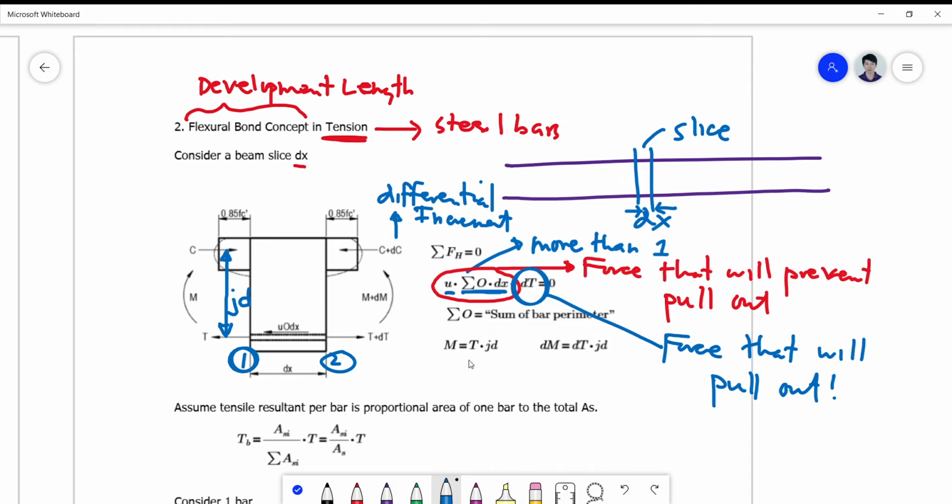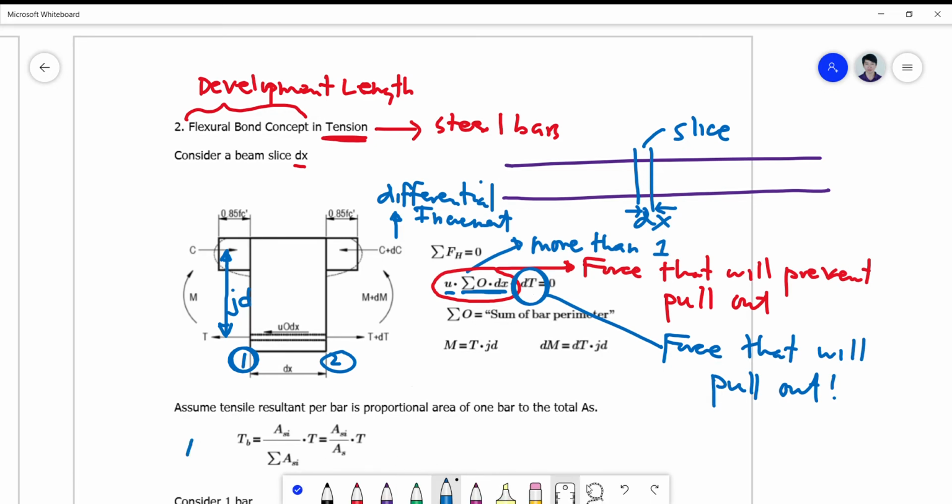If I differentiate with respect to dT, this becomes dM is equal to dT jd. So we now have a term dT that can be substituted in this term here.